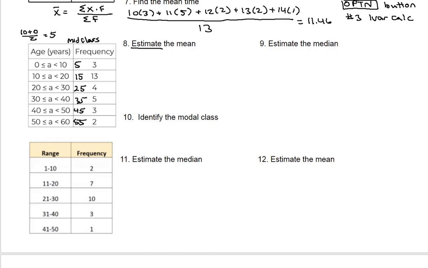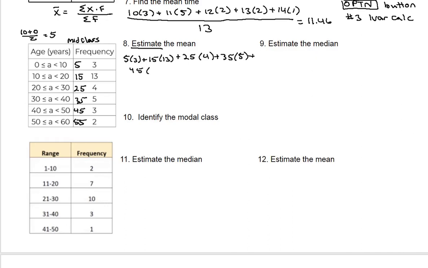Those are the values we're going to use to represent each class, because we don't really know how often any one particular number occurred. And then we're going to do the exact same thing we did above, and multiply the mid-class values times their frequencies, add them all up, and then divide by the total frequency.